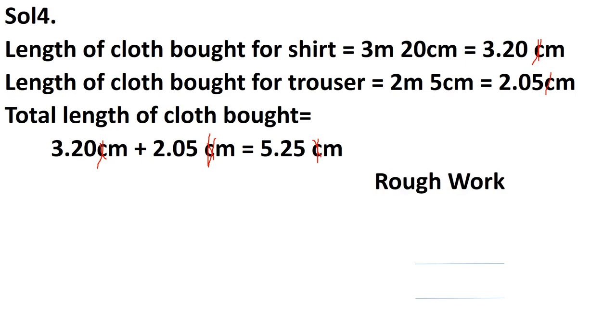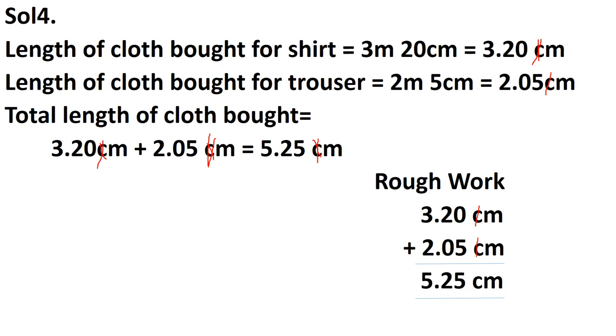See the calculation in the rough. 3 decimal 20 meter plus 2 decimal 05, here also meter, and 5 decimal 25 meter. Understood? Decimal, below decimal you have to write down. Now after decimal here is 0. So here also you have written after decimal 0. Then after 0 there is towards the right 5. So here also we have written 5. Then you will add it.